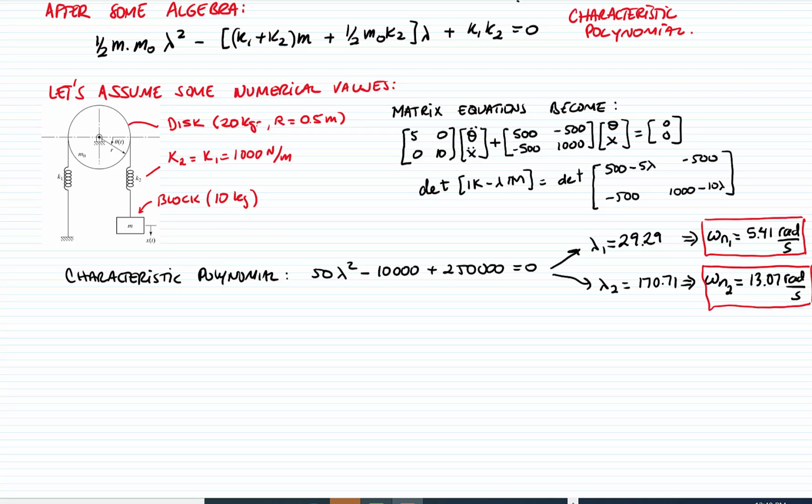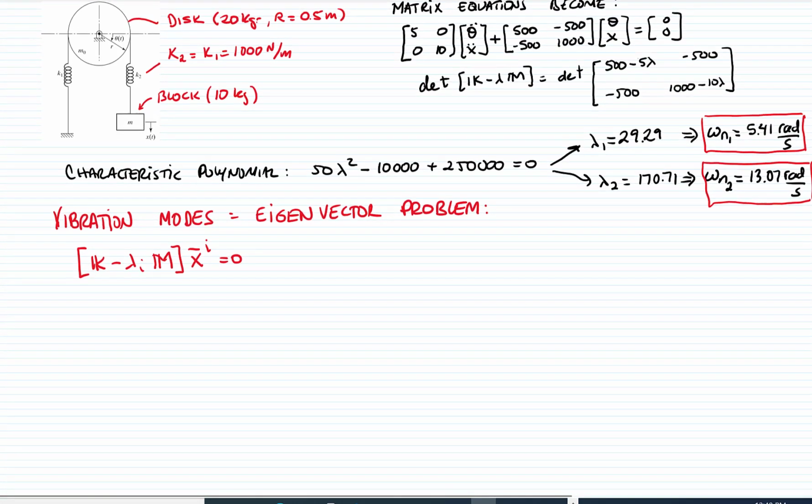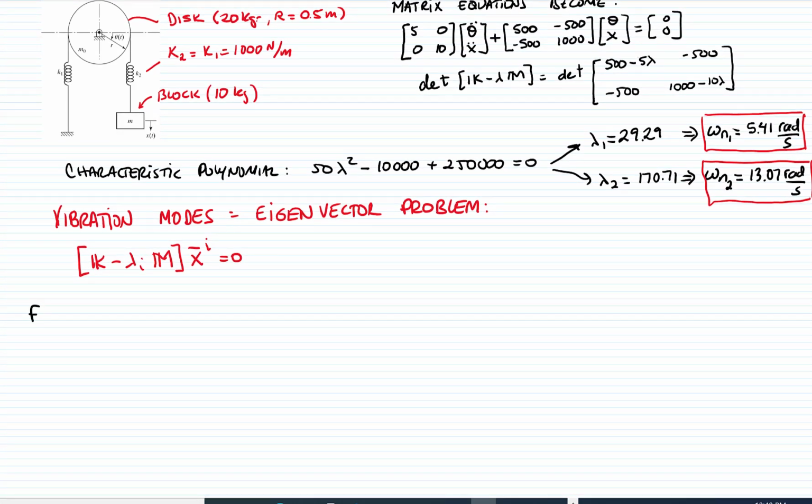With those values of lambda, I am able also to get the vibration modes for each of these natural frequencies. For that, I will solve the eigenvector problem. To do so, I will input that lambda 1 that I got and the lambda 2 in my matrix K minus lambda m times my vibration mode or vector.